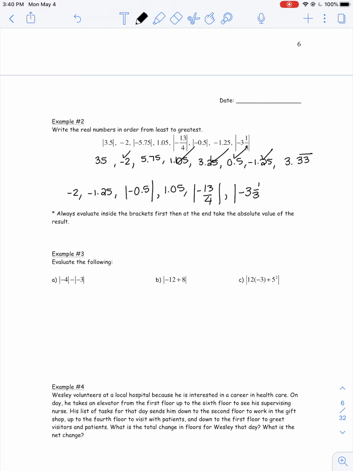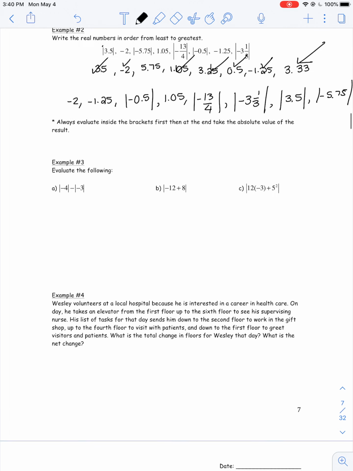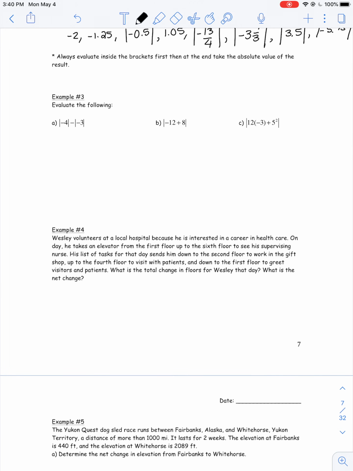Then the absolute of -3 1/3, then the absolute of 3.5, and finally the absolute of -5.75. So this is our numbers from least to greatest. Always evaluate what's inside the bracket first before you move outside of the brackets.